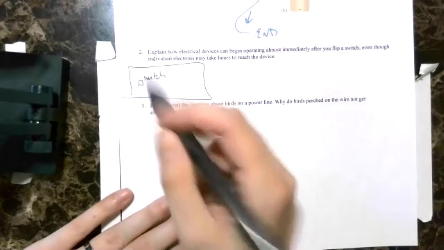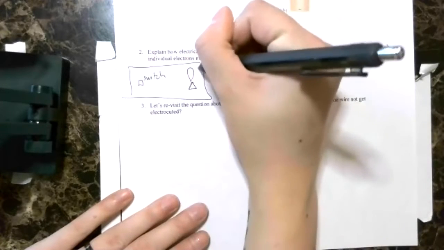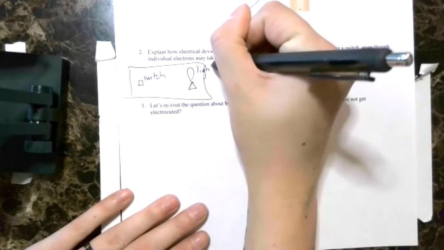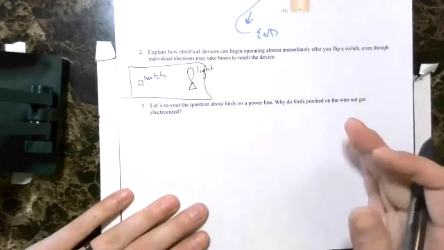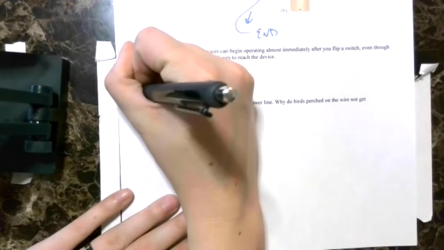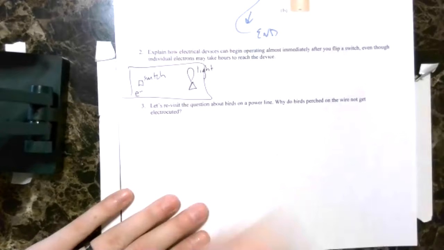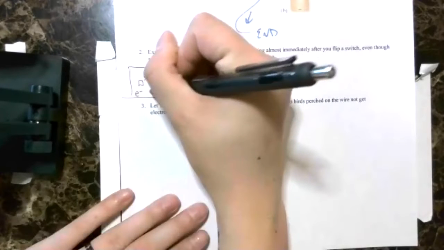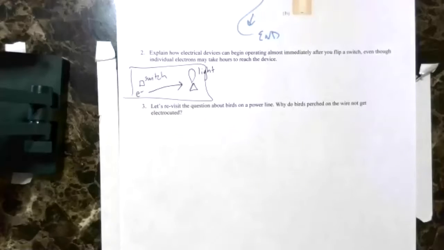You flip the light switch, and your light bulb in your room comes on almost instantly. But when you think about it, the little electron that started over by the switch doesn't travel to the light instantaneously. So how is it that the light bulb can turn on almost instantly? Anyone have ideas?